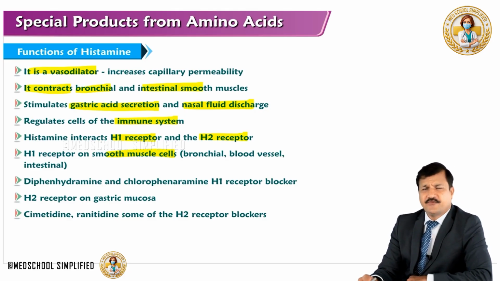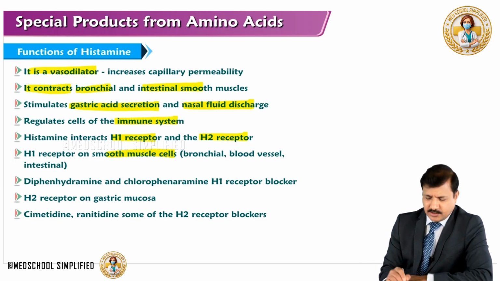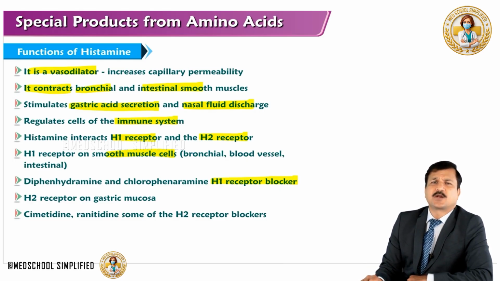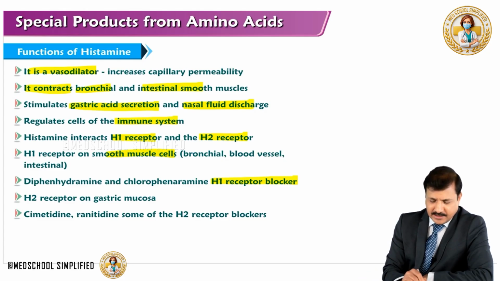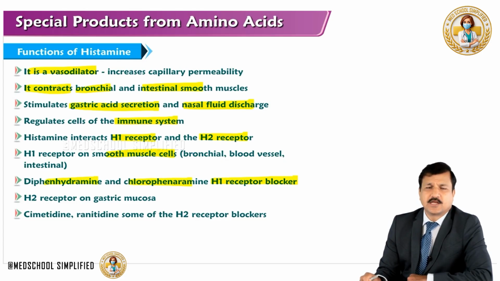And that effect of histamine binding to H1 receptor is counteracted by H1 receptor blockers, and two drugs that I have mentioned here which are H1 receptor blockers are diphenhydramine and chlorpheniramine, usually coming in as chlorpheniramine maleate.